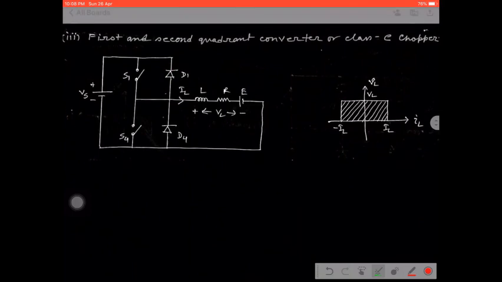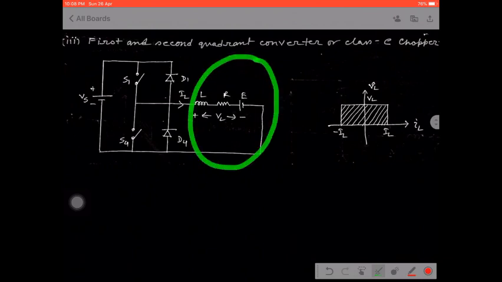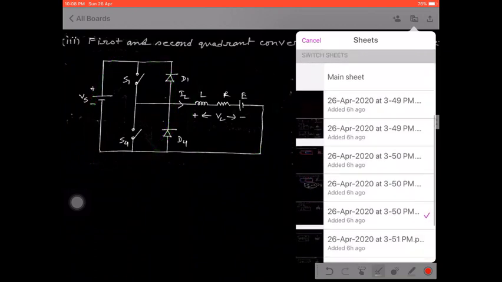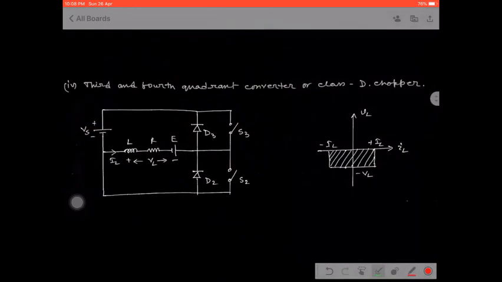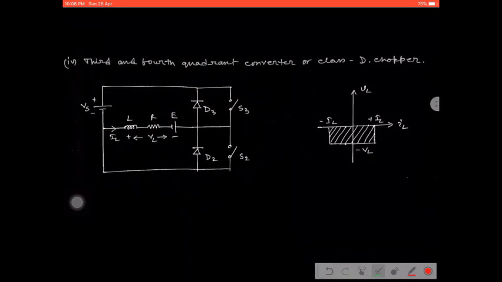Now the opposite is class D, which in the later section will cover this part. Not this part. So go to the circuit diagram first for class D chopper. The circuit diagram is a very important part. As I told before, in this case the direction of E is always opposite.